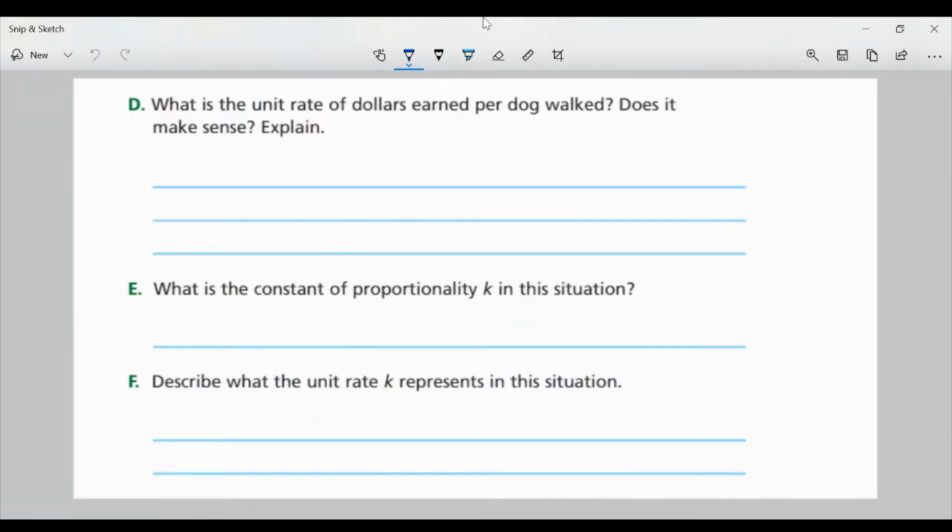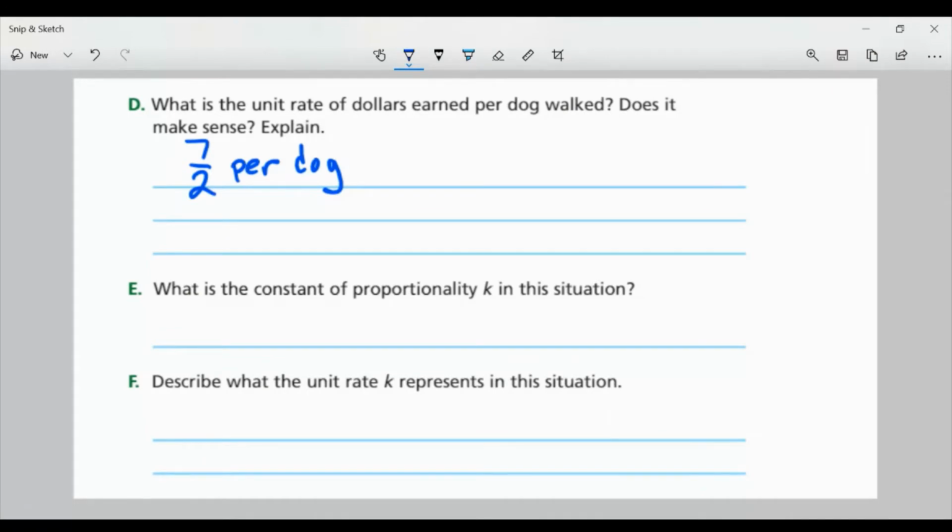All right, so continuing on with part D. What is the unit rate of dollars earned per dog walked? Does it make sense? So we're looking at basically what we did in part B. We have our rate of 7/2, right? $7/2 per dog walked, right? Does this make sense? Or can it make sense?